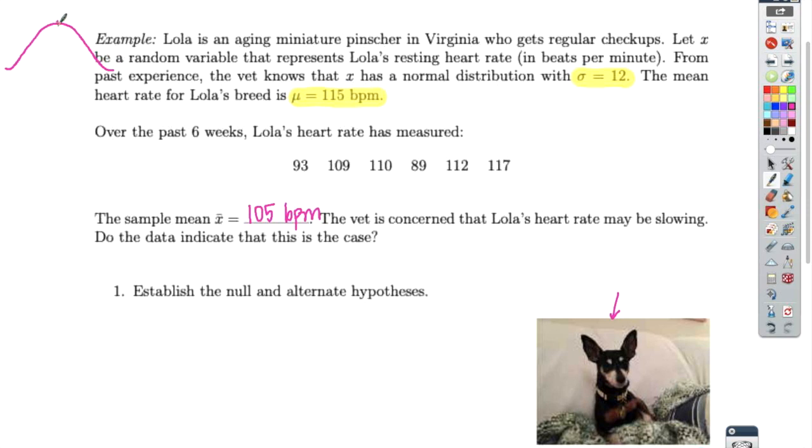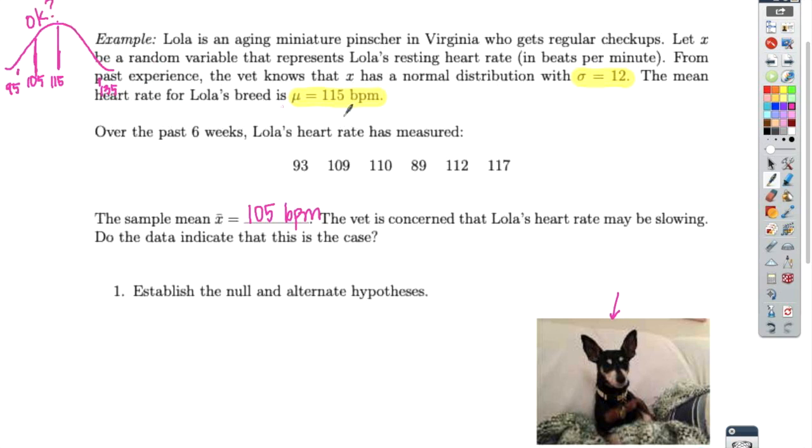So maybe 115 is right here in the middle, like it says, and maybe this goes all the way down to like 95. I have no idea. Maybe it goes all the way up to 135. And so, yeah, 105 is like in here, but maybe it's still okay. Maybe 105 is still totally in the realm of not abnormal. We don't know.